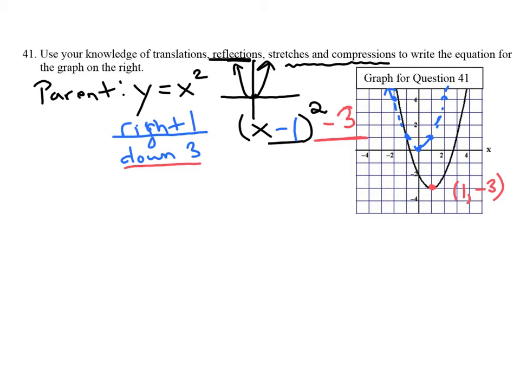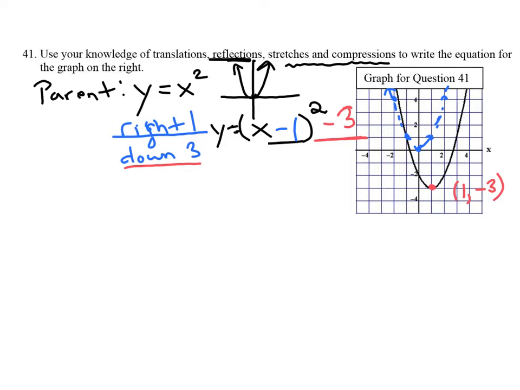In my mind, I'm already thinking that it is not stretched or compressed, because plain old y equals x squared goes from the vertex up 1 and over 1 in both directions, and then over 2 and up 4. And this graph has that same rate of change: over 1, up 1, over 2, up 1, 2, 3, 4, over 2, up 1, 2, 3, 4. So I don't see a stretch or compression here.